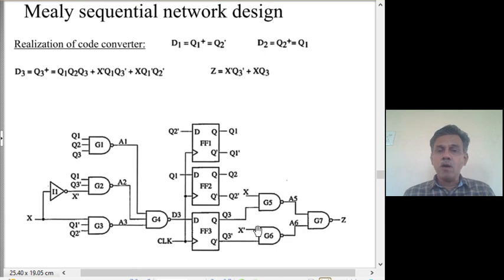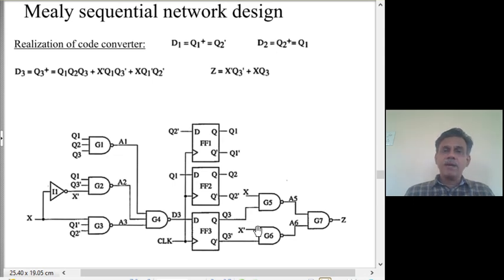So we have outlined all the steps we have to do. Start from the problem specification, come up with the state graph, convert the state graph into a state table with only symbolic states, use good state assignment policies, and come up with good encoding schemes for the different bits.